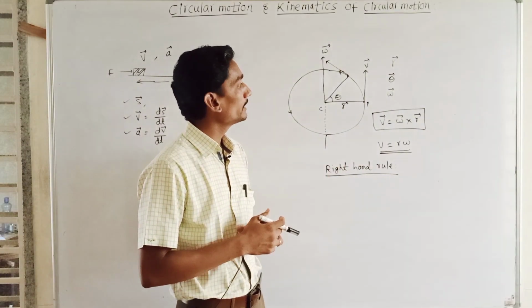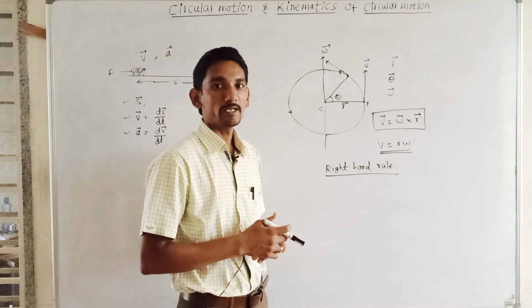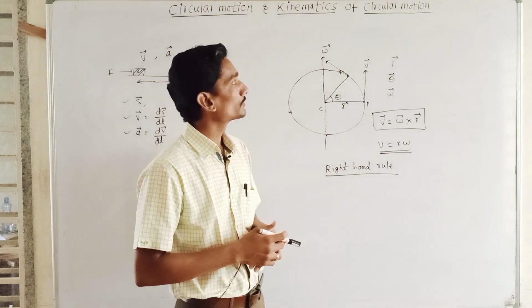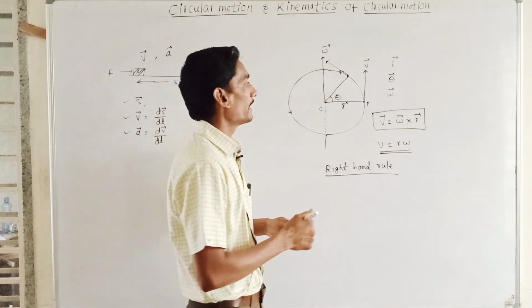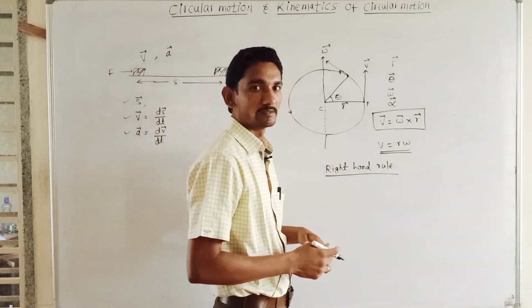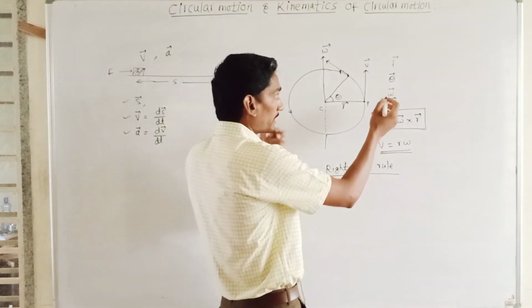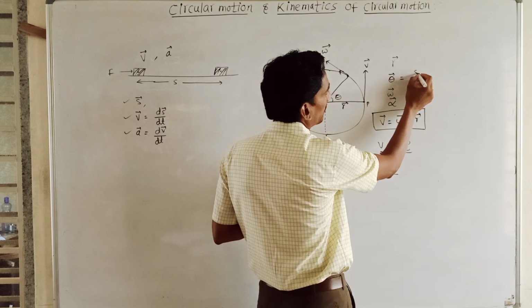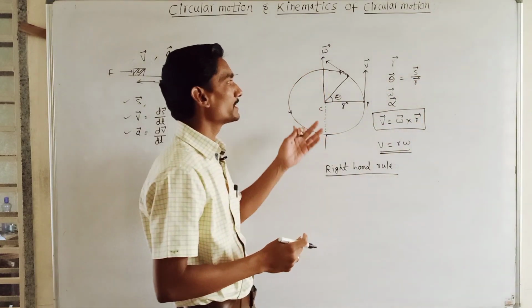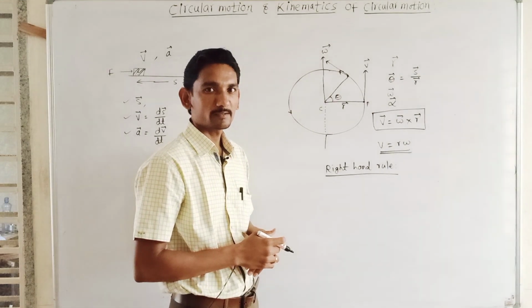One more quantity that we also have to describe while going through kinematics of circular motion is the angular acceleration. Angular displacement is given by linear displacement with respect to position vector.